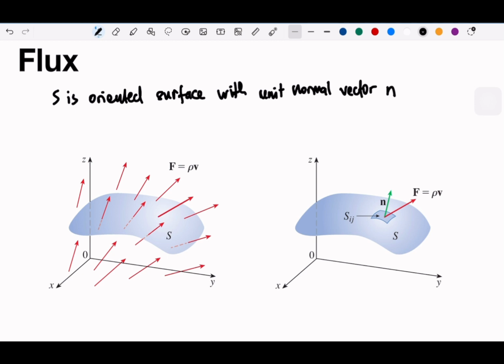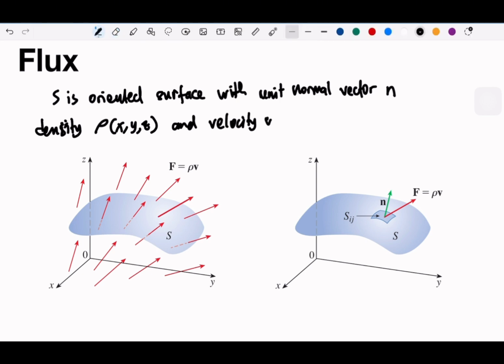And suppose we have a fluid with a density function, rho, and a velocity field, v.